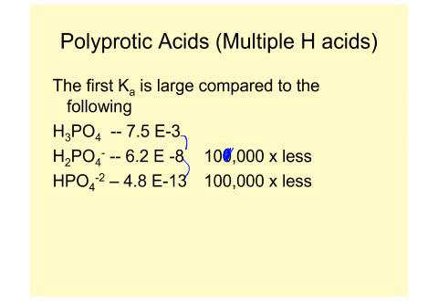So imagine if someone gives you $1 million and someone gives you 100,000 times less than that. It would be insignificant in most cases. Now, if what you're worried about would be the amount of HPO4 negative 2 or some of the other ions that come on, it becomes significant because this is significant compared to 0.